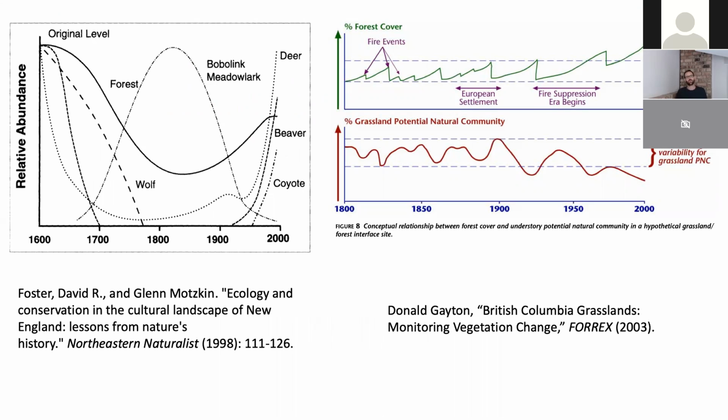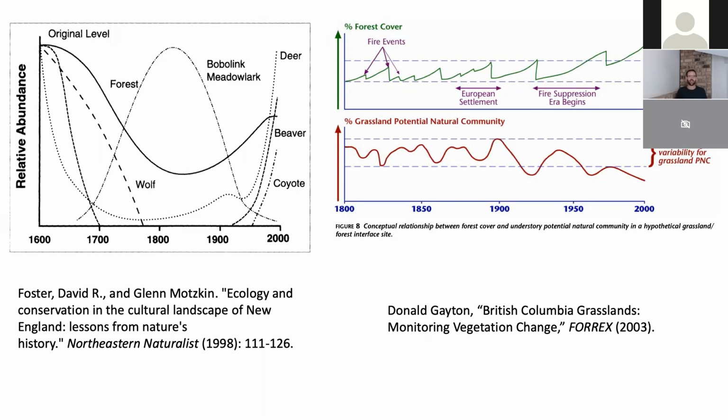Change over time trends in the things that those ecologists are interested in, in this case forest cover and various wildlife species, pardon me. These are great, and they give me inspiration for thinking about the potential to create visualizations like this that can become useful tools for thinking through management questions.